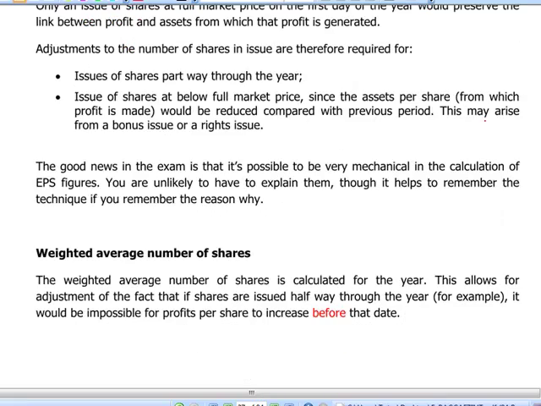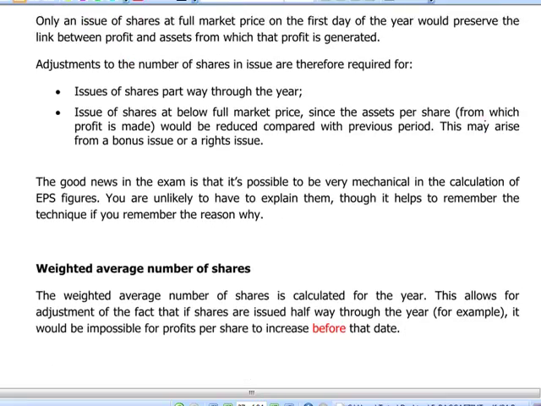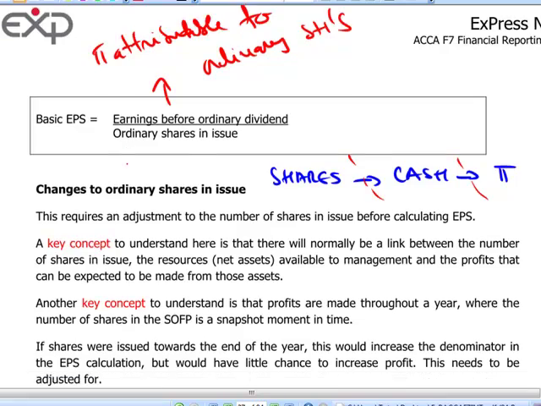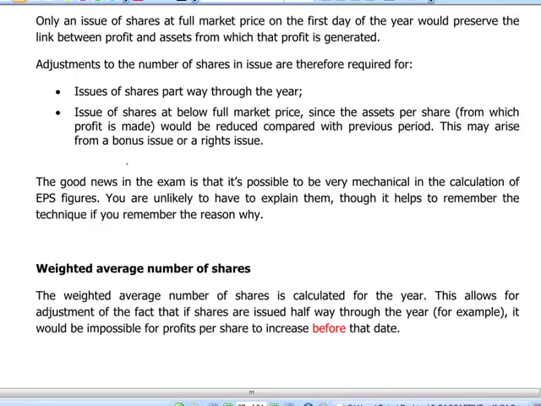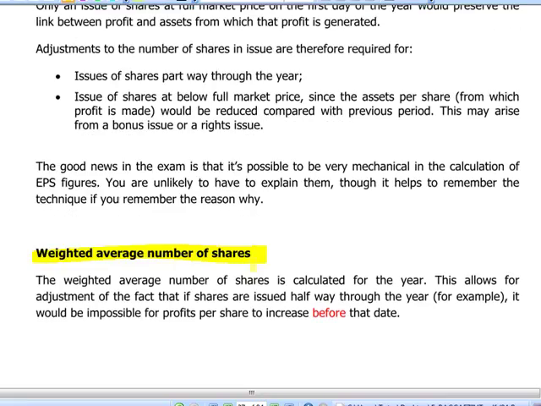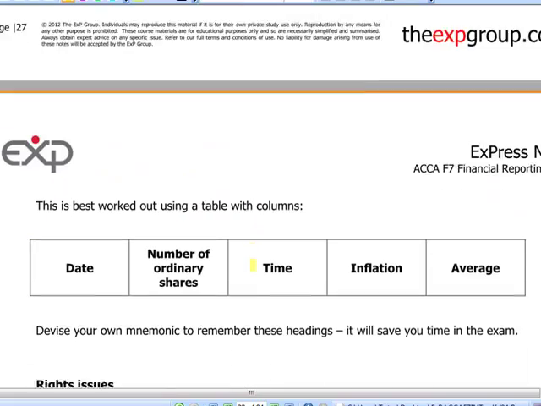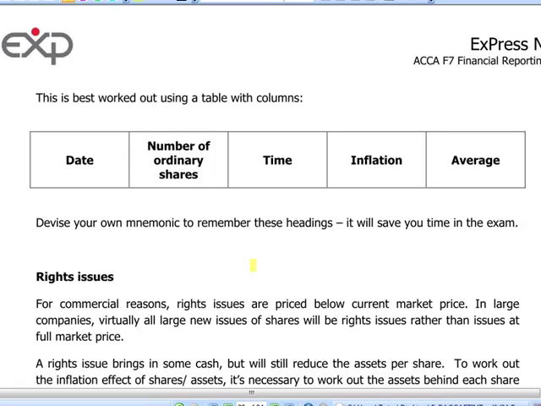So in order to calculate this, the ordinary shares in issue will be replaced by the weighted average number of shares, which we'll have to calculate for the full period. In order to easily remember this in the exam, a tabular form may be of help.